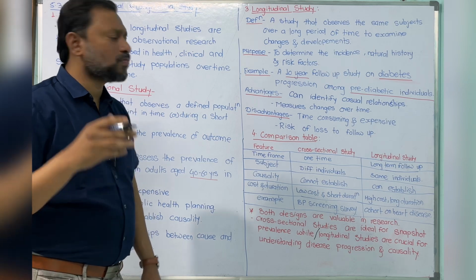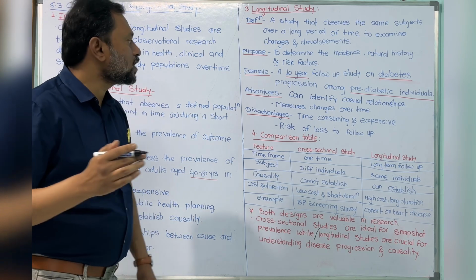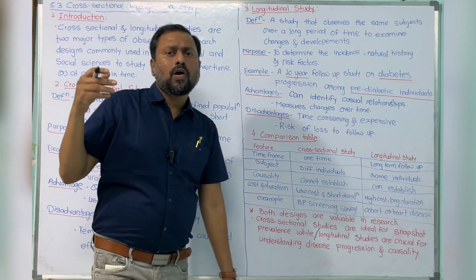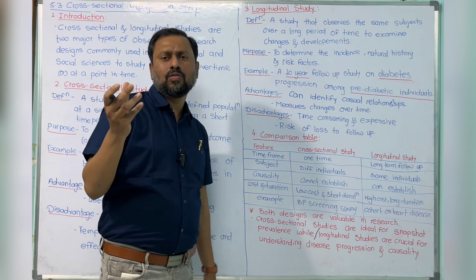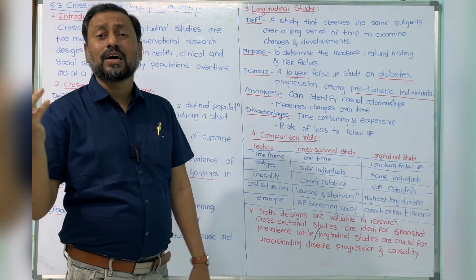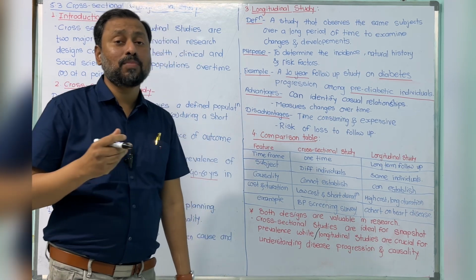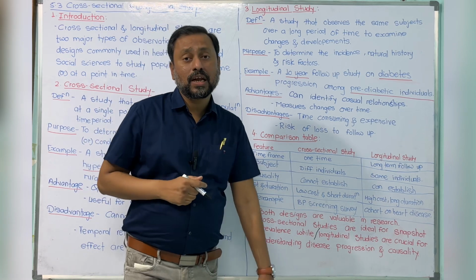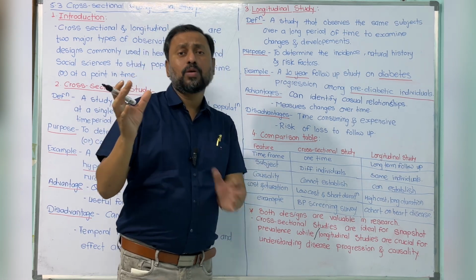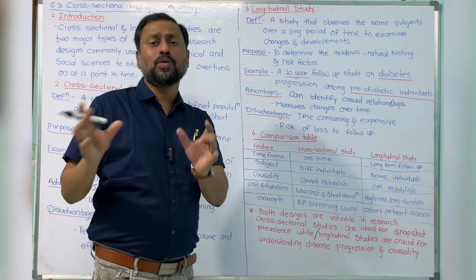Next is the advantage. What is the benefit of this longitudinal study? It can identify cause and relationship. In that, we can know the cause. Another example for cause and relationship: suppose in your surrounding area a few people are smoking.